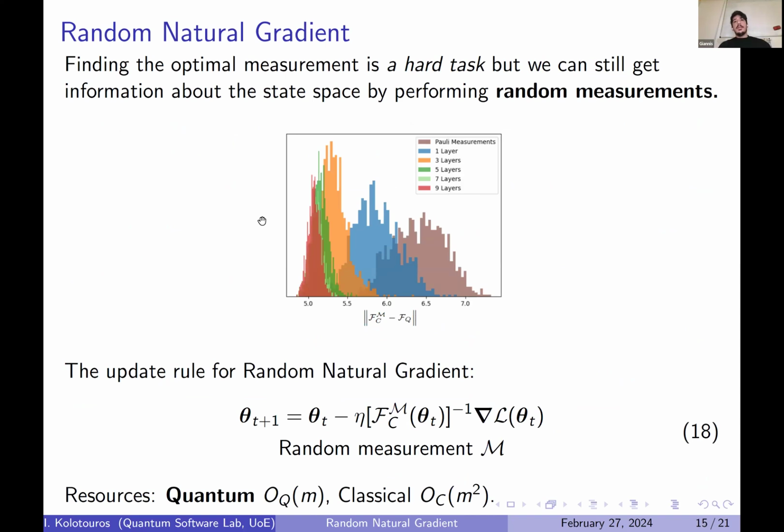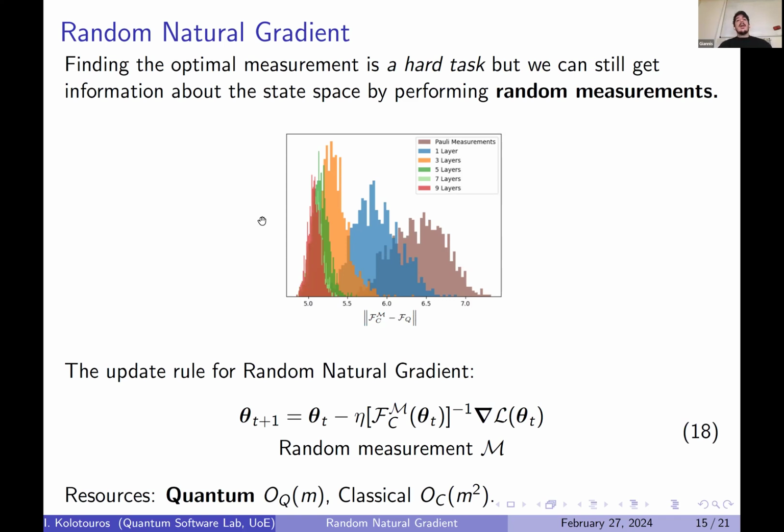What we actually found, which is pretty interesting, and we're trying to prove it theoretically as well, is that we can get much information about the changes happening in the state space by performing random measurements.